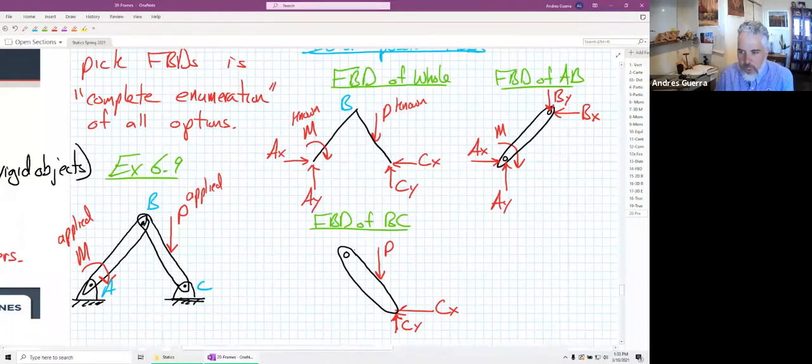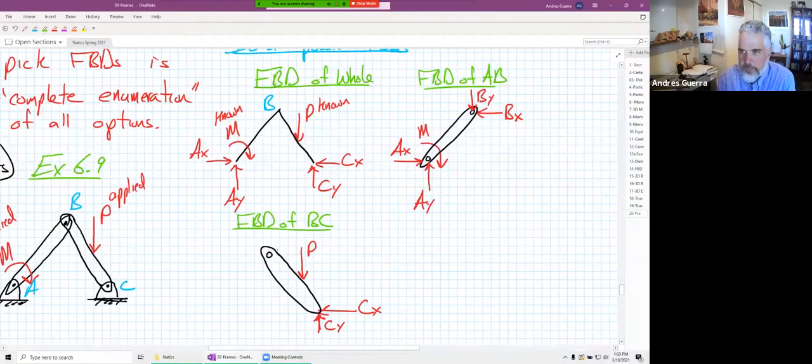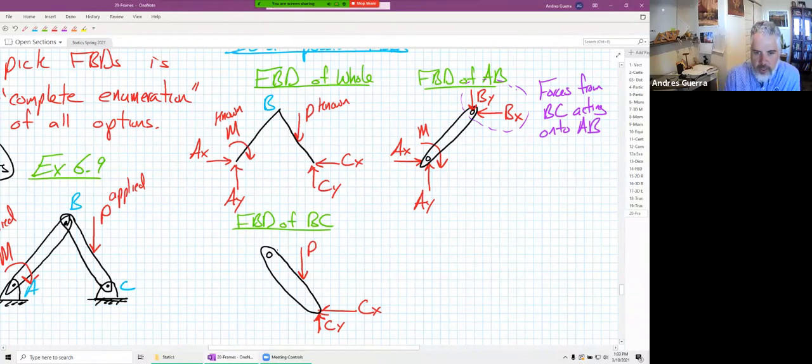So these forces up here, let's go back to the FBD of A to B. This BX and this BY up here, these are the forces from B to C acting onto A to B. So when we draw them down here, these are going to be the forces from A to B acting onto B to C.